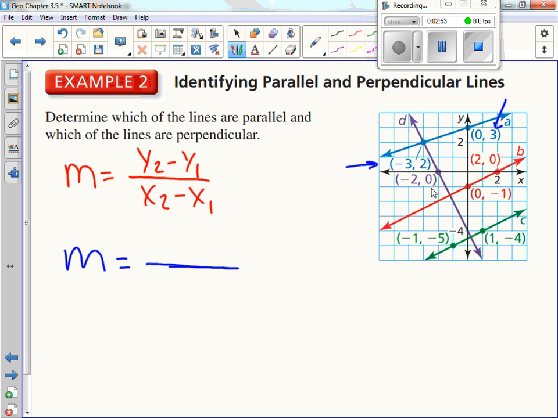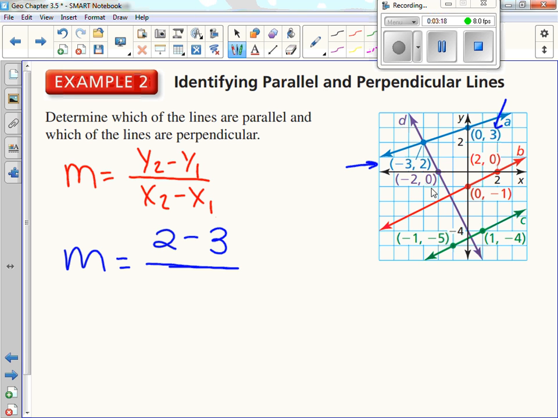So what would our y value be, our first one? Well, it doesn't really matter. I heard 2 first, so we can do 2 minus the other one, which is 3. It really doesn't matter which y value we pick first, but we've got to make sure we pick the y values.